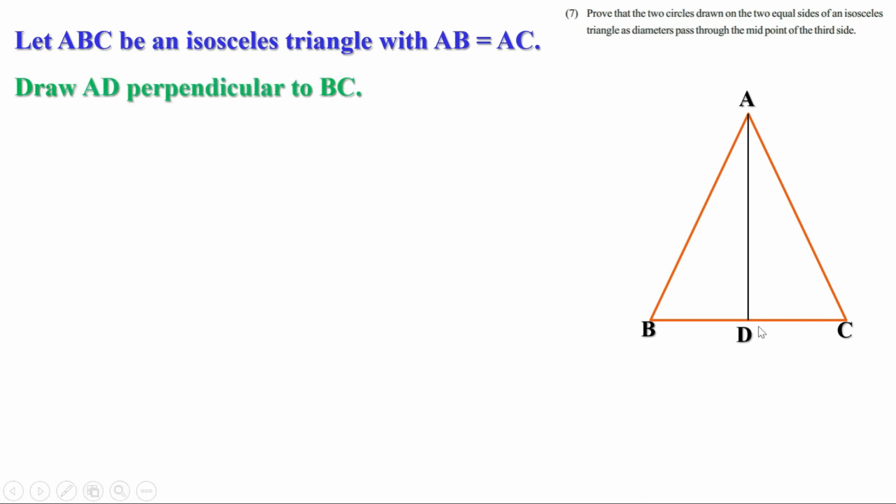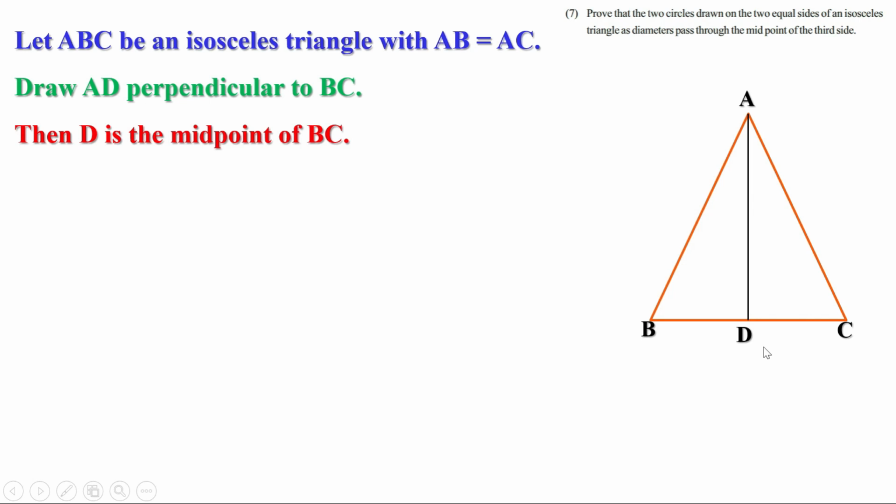Then we know D is the midpoint of BC because in 8th standard we have seen that in an isosceles triangle, the perpendicular drawn from the vertex joining equal sides to the opposite side bisects the opposite side, or the perpendicular passes through the midpoint of the opposite side.